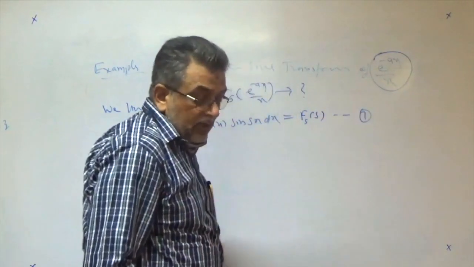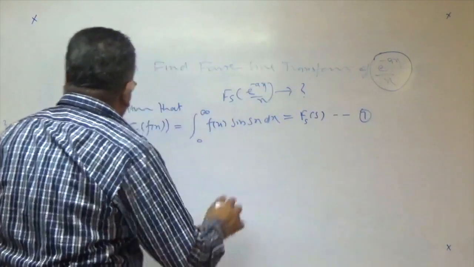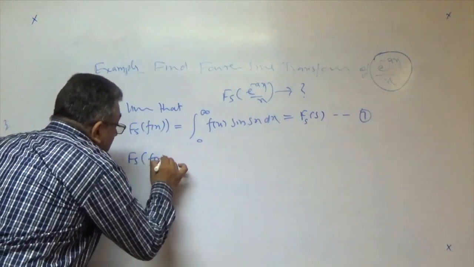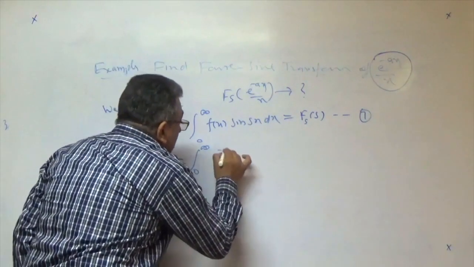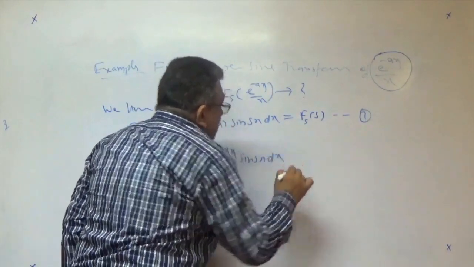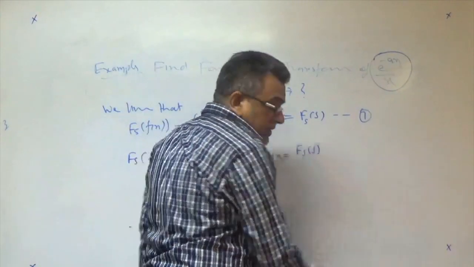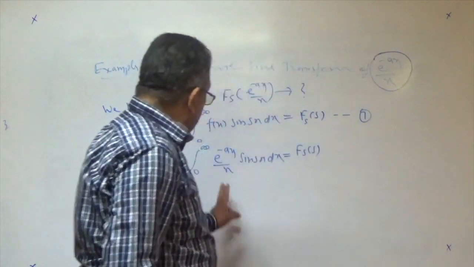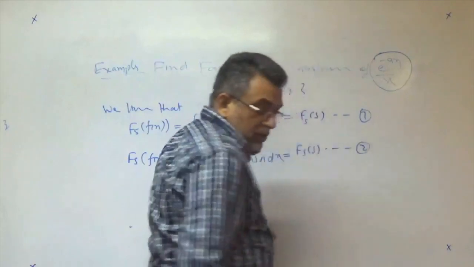Take this as equation number 1. Now here F_s of f(x) is the integral from 0 to infinity of e to the power minus ax upon x times sine sx dx. This is F_s(s). Substituting the value, take this as equation number 2.